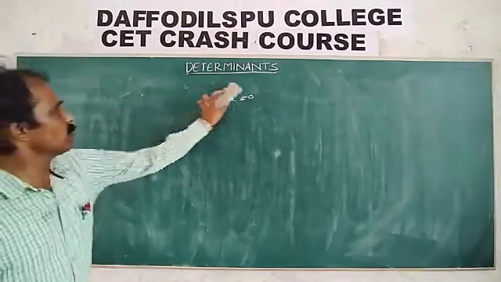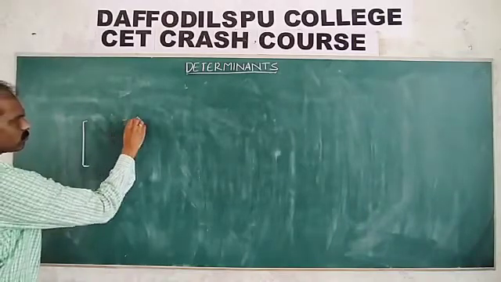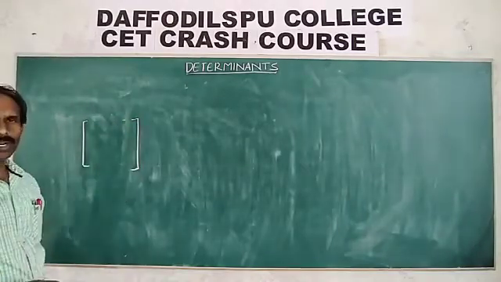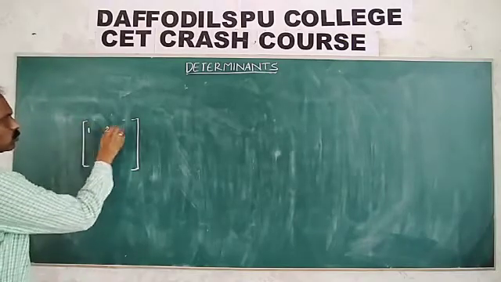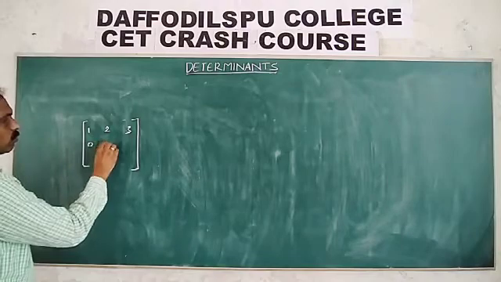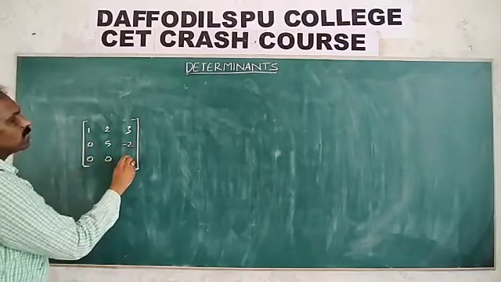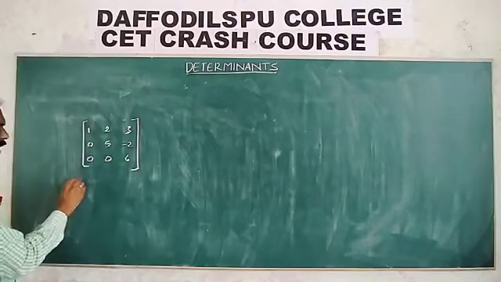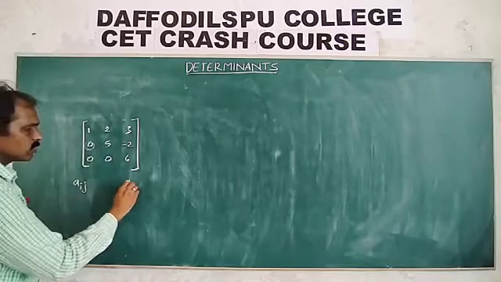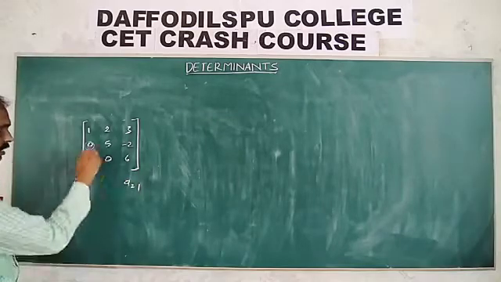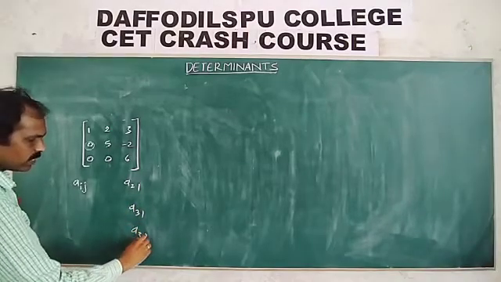Next, the triangular matrix. What is a triangular matrix? There are two cases, upper triangle and lower triangle. Suppose this matrix: 1, 2, 3; 0, 5, minus 2; 0, 0, 6. Take elements a i j, here this element is a 2 1, this one a 3 1, this one a 3 2.